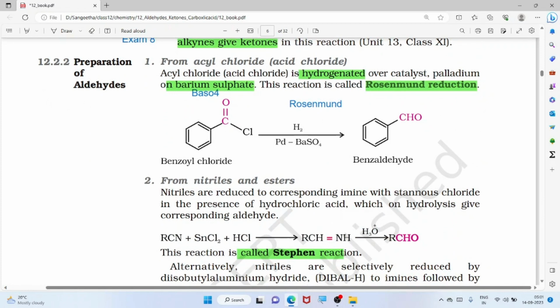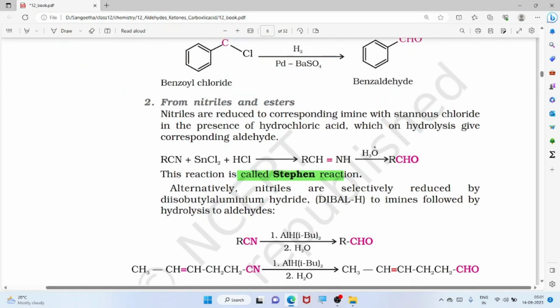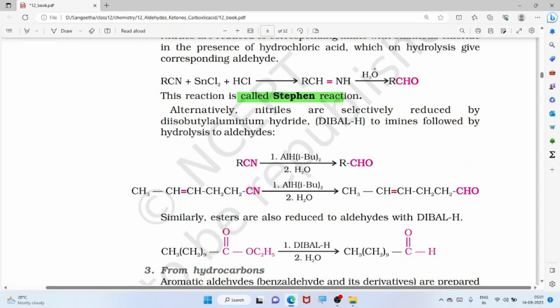Barium sulfate, BaSO4. This is the Rosenmund reaction. These named reactions you have to remember. Stephen reaction.